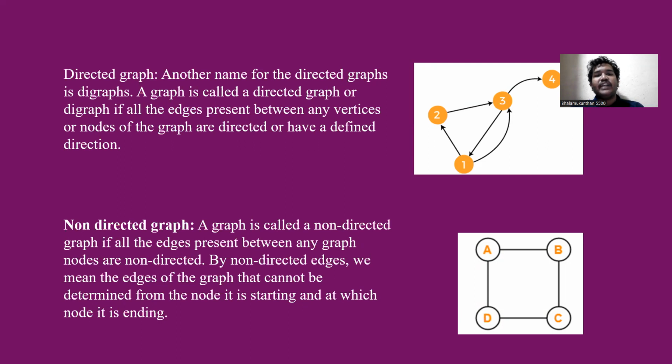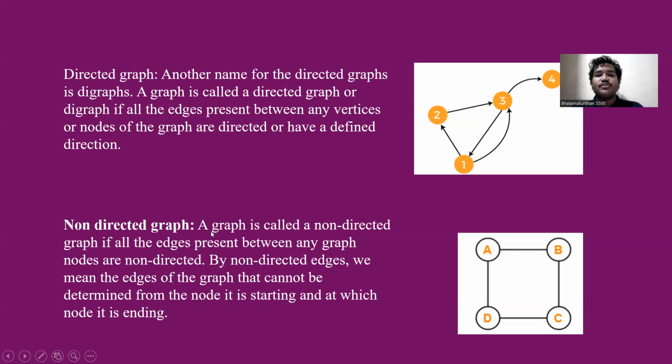A graph is called directed if all the edges present between any vertices or nodes of the graph have a defined direction. Here we can see an example where it possesses a direction.